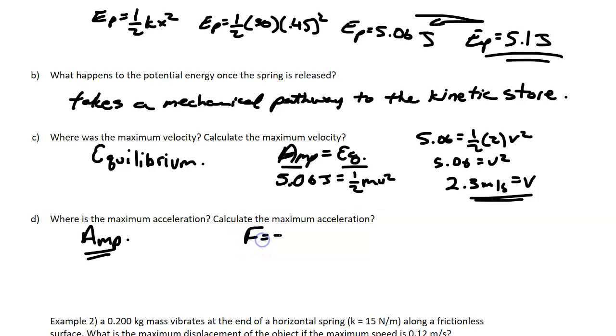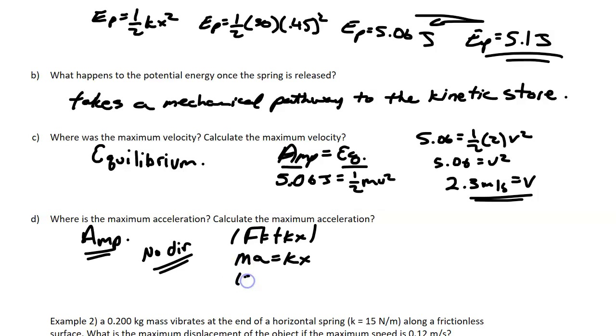Remember, the force is equal to negative kx, which is Hooke's law. Now, we're not worried about which side it is, whether it's up or down, so we're just going to worry about the absolute values. And so ma is equal to kx. Okay, again, no direction is going to be given within this question.